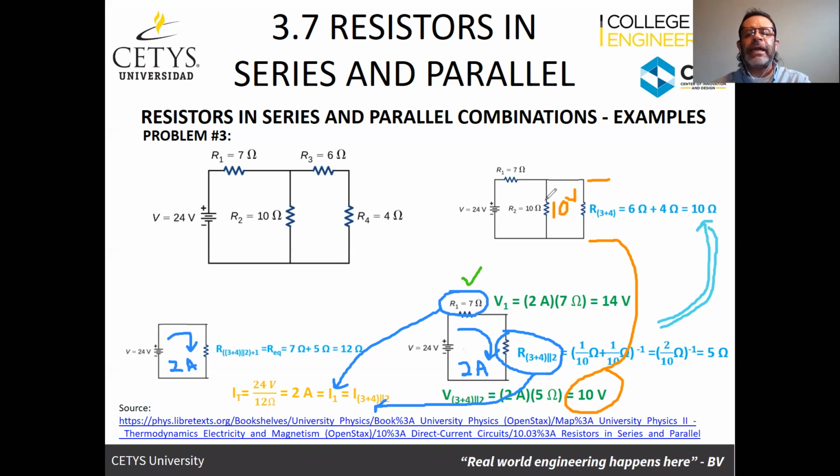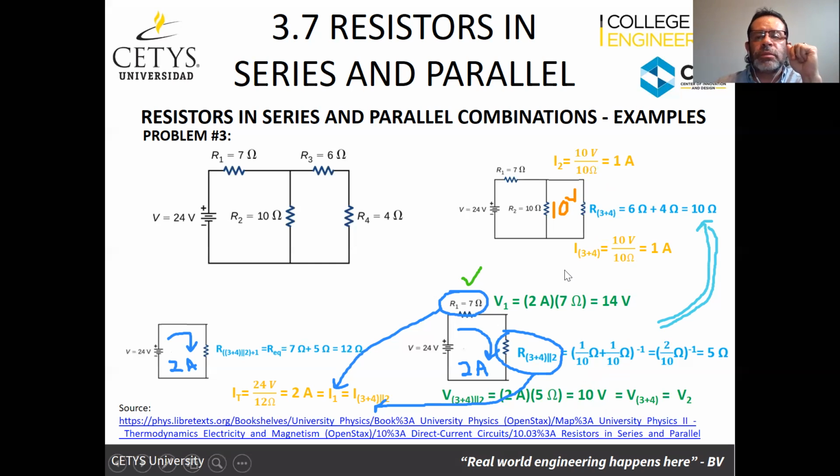Okay. And if both of these have 10 volts, using Ohm's law, we can calculate the current. And so the current is going to be the 10 volts divided by the resistor, which is 10 ohms. And R2 is also 10 ohms. So it's 10 volts divided by 10 ohms. That's where we get the 1 amp.